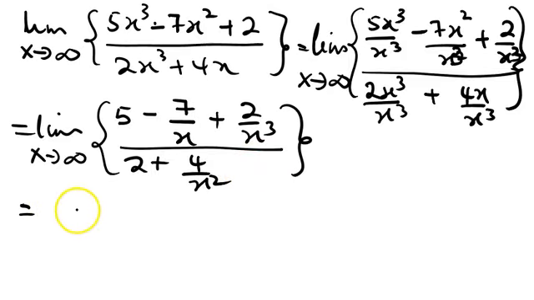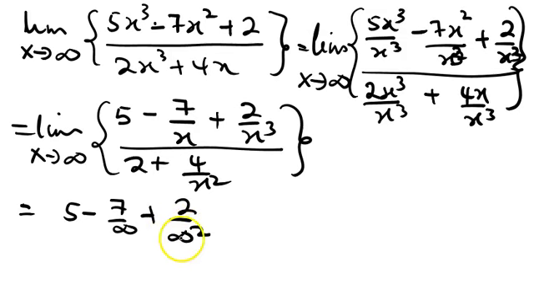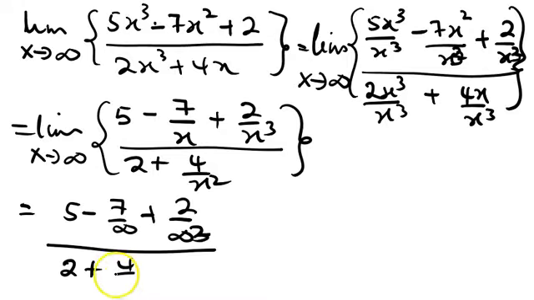Now when we substitute the limit, we have 5 minus 7 over infinity plus 2 over infinity cubed, over 2 plus 4 over infinity squared. So all these will go to 0. So you are going to have 5 over 2 as our answer.